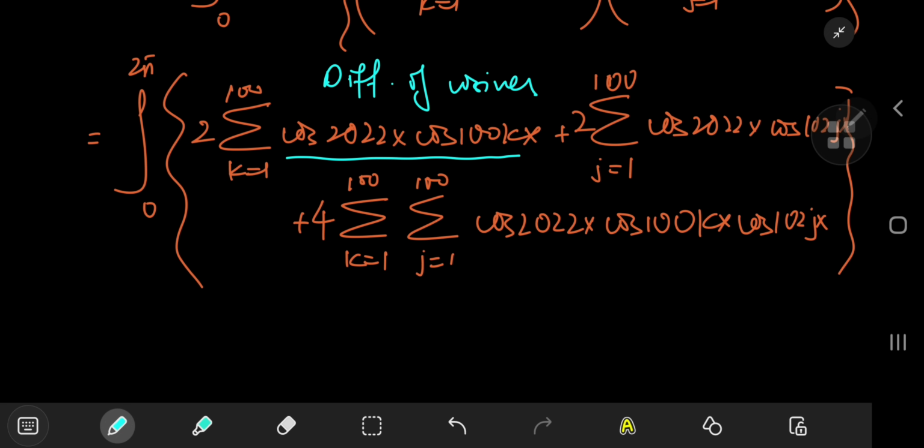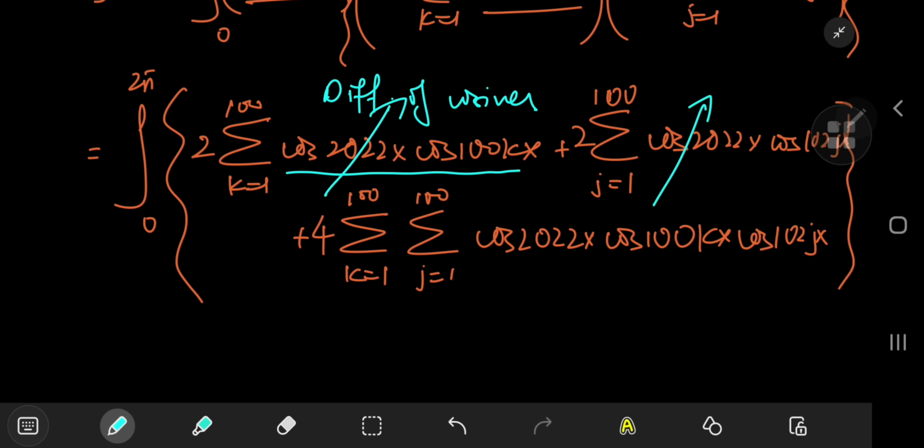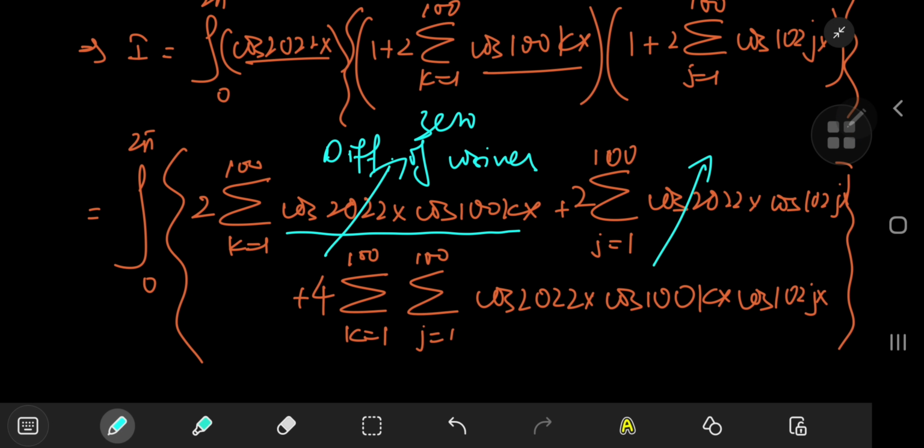And the arguments of those two cosines are going to be even integer multiples of x. So once again, if you integrate those, you're going to get sines of even integer multiples of x. And if you integrate from 0 to 2 pi, you're going to get zeros again.